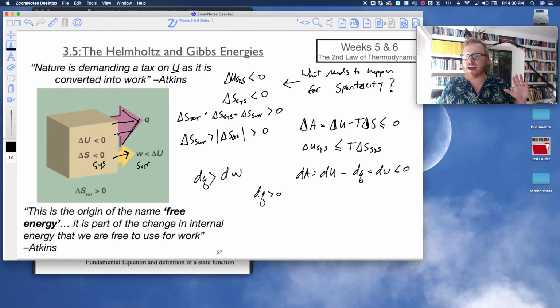And this large amount of heat that has to exit the system into the surroundings is that required component of spontaneity, right? We talked about this with the Kelvin statement of the second law. If our system is going to do work, it has to evolve a ton of heat out to have enough entropy change in the surroundings to be spontaneous, okay?